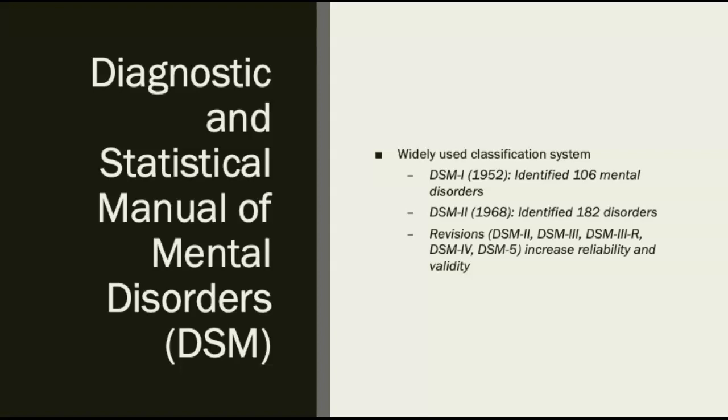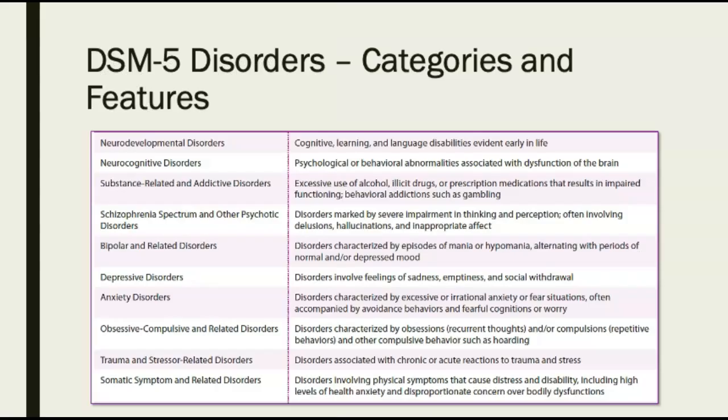And in all of these revisions, the work groups and the individuals involved in completing the revisions and the editing were very cognizant and intentional about trying to increase the reliability and validity of these diagnoses. So here in slide 22 and 23, we have the categories and features of the DSM-5 disorders.